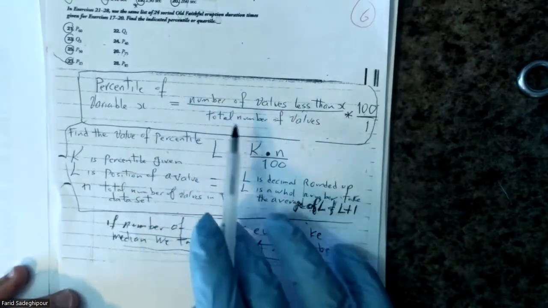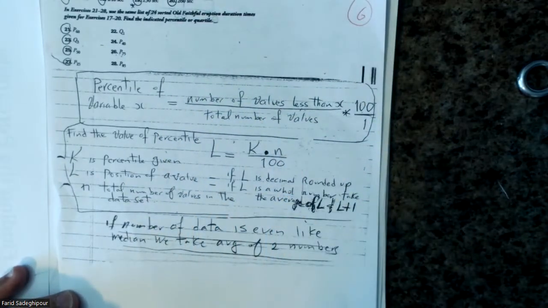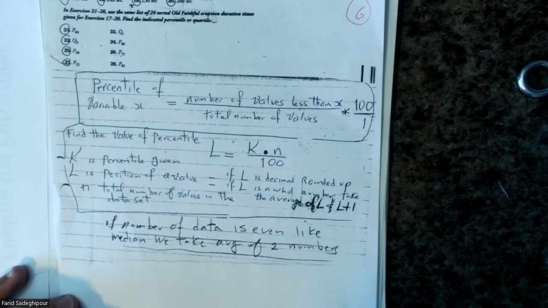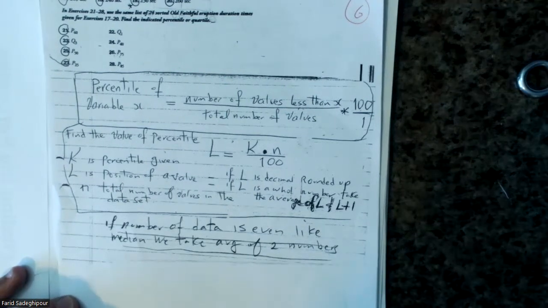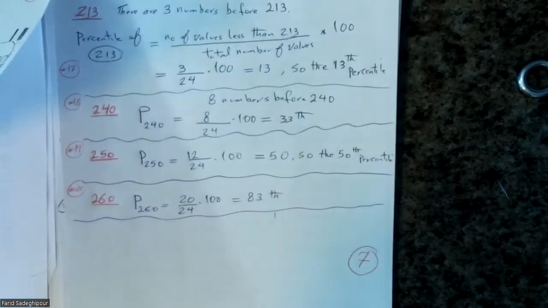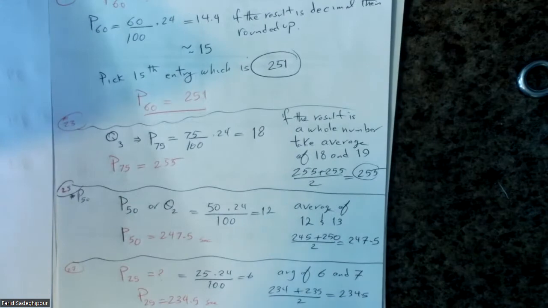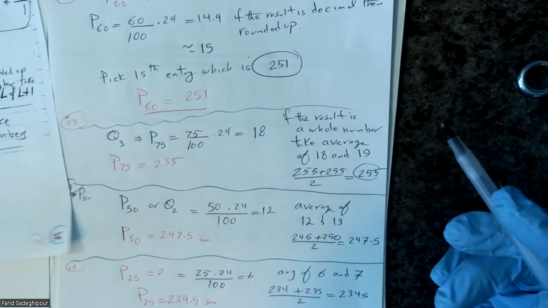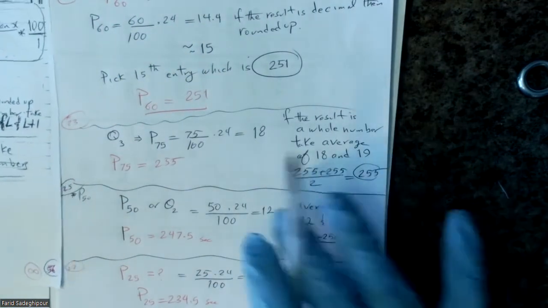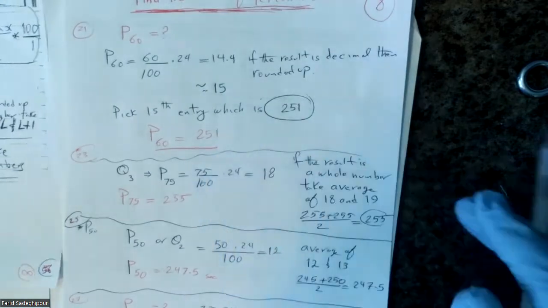So to calculate the percentile, this is the formula. Now the next is the vice versa. You have the percentile, and now you want to find the actual value. So in this example, I want to see what number is at the percentile of 60.